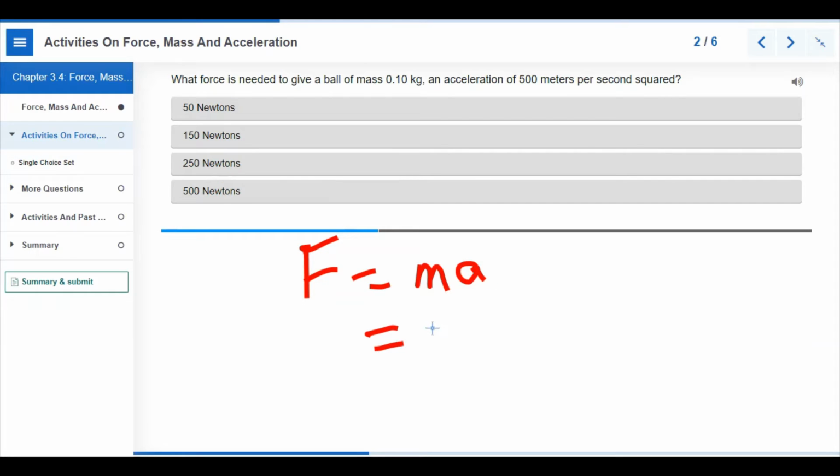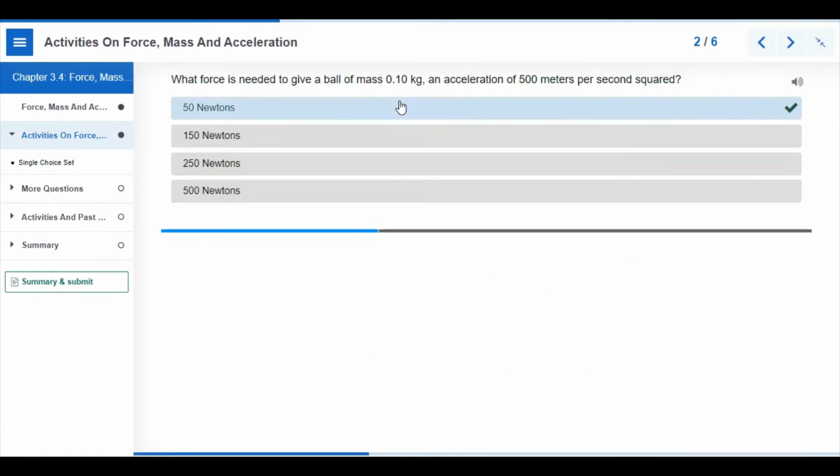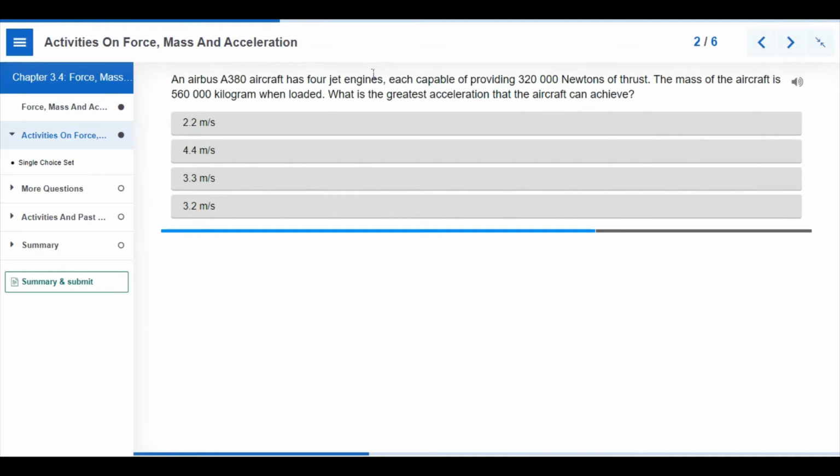With that, the mass is 0.1, then the acceleration is 500. What you just need to do is to shift the decimal point on the 500. Just shift it behind by 1. That will give us 50.0 newtons. So let's check. That's correct. Now let's go for another question.